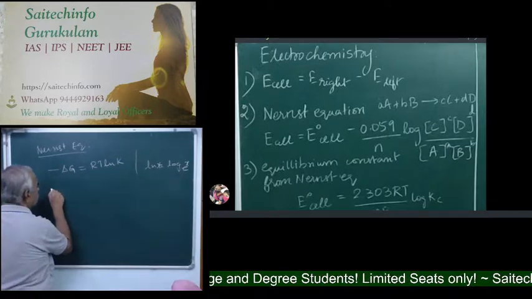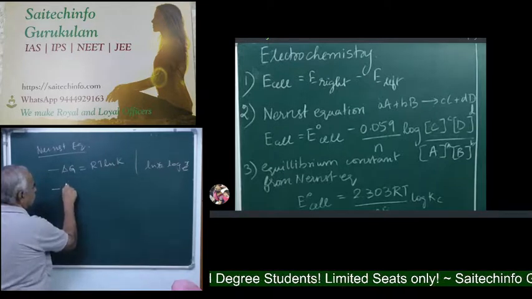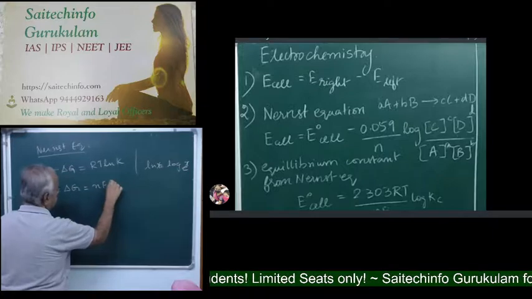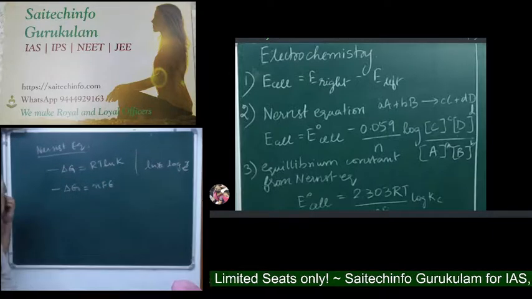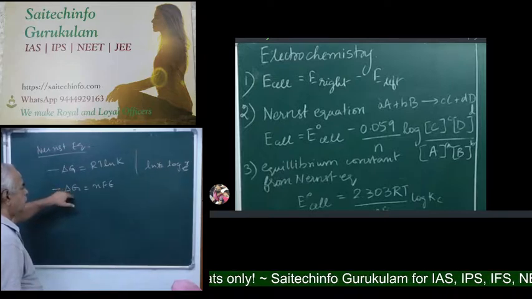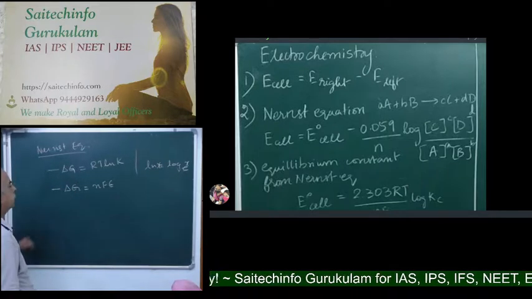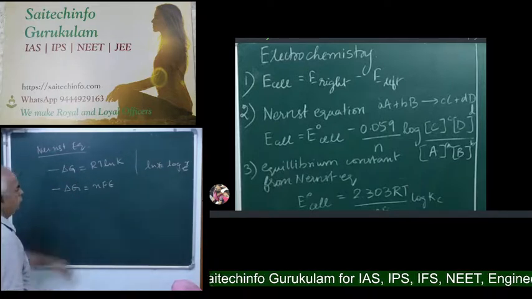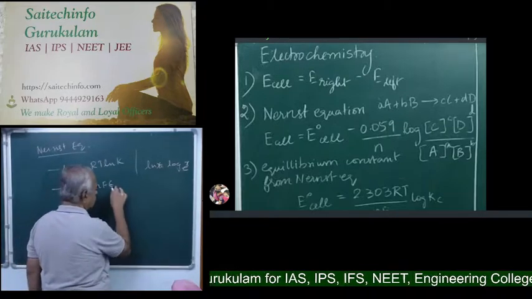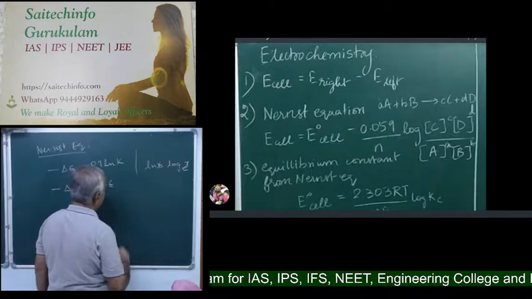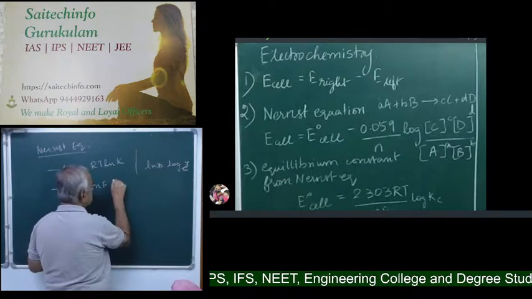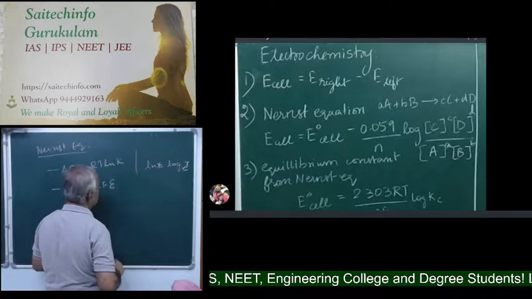And we have another equation, that is delta G is equal to NFE. So here on the LHS you have the free energy, that is representing the chemical energy, whereas here this represents either electrode potential or cell EMF. Suppose if you want to mention this as electrode potential, you can use this symbol, electrode potential.